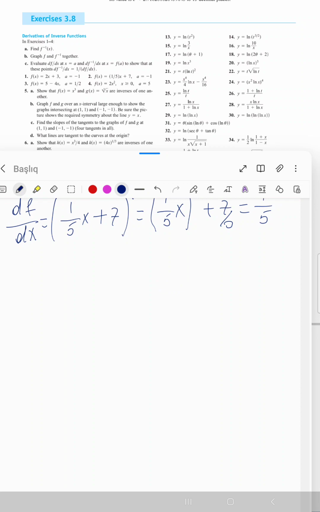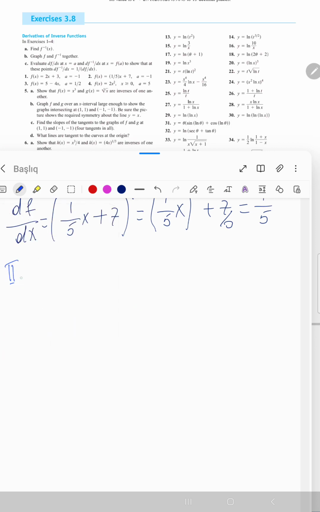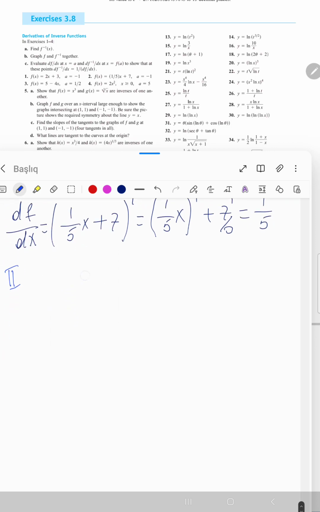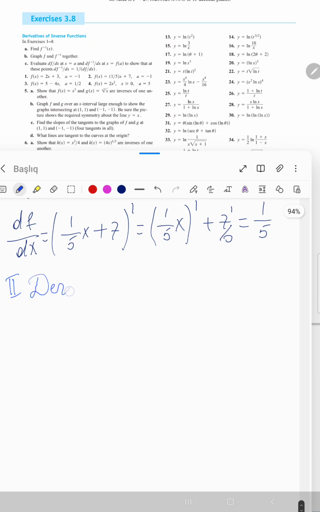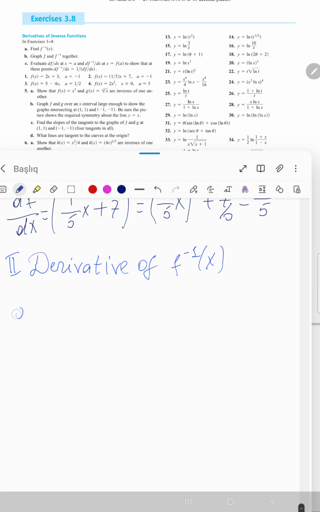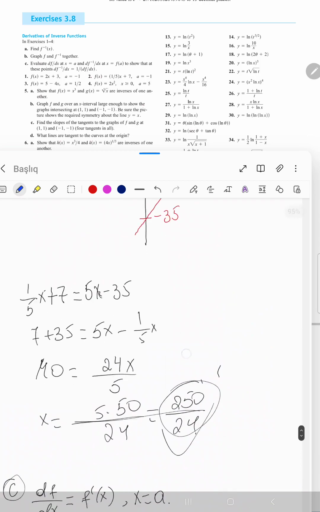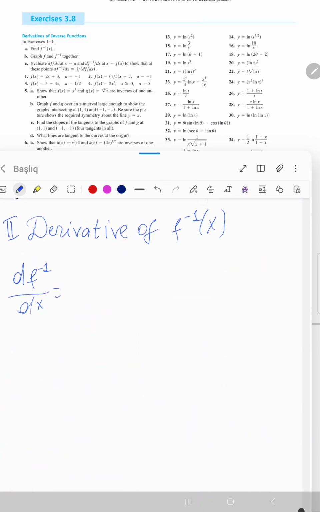And second, this is this color. We have to find the derivative of the inverse function f inverse x. df inverse over dx equals, we found our inverse function 5x minus 35.